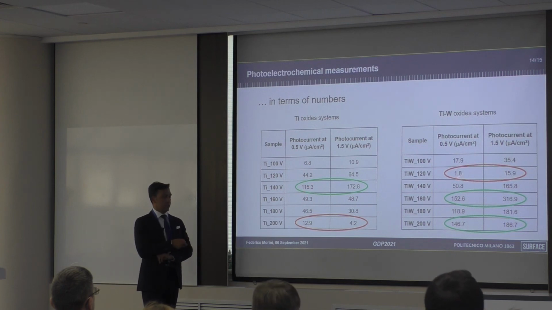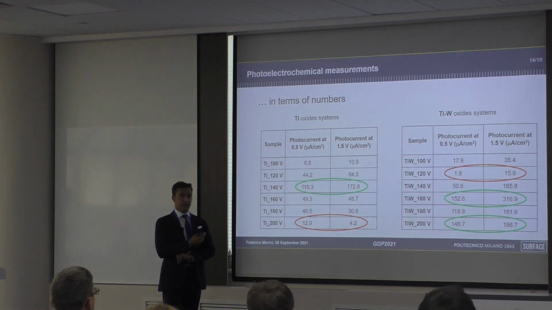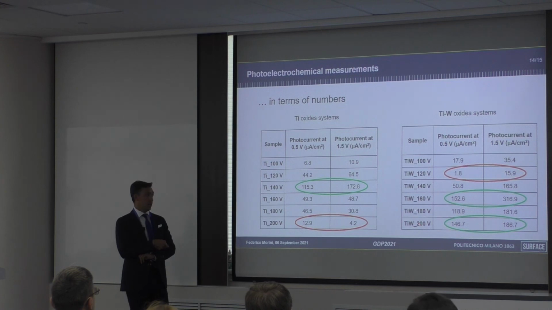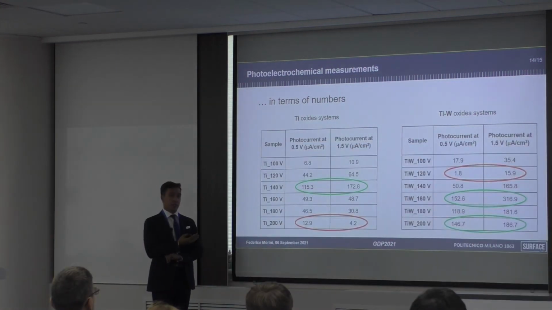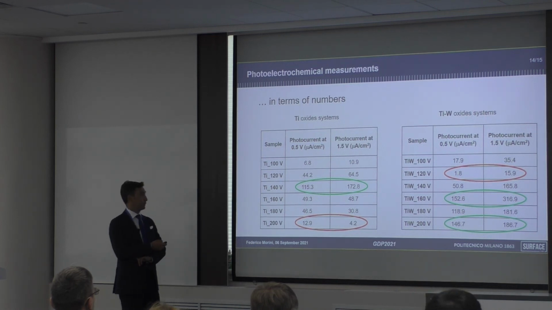This is due to the fact that tungsten trioxide is usually produced, from the literature, at higher cell voltages, so when we synthesize tungsten trioxide and titanium dioxide at 200 volts, we are starting to produce a more active and more present tungsten trioxide. If we increase the PEO cell voltage more, we will produce more tungsten trioxide that will be more active under UV visible light.